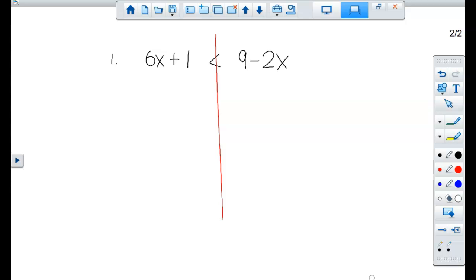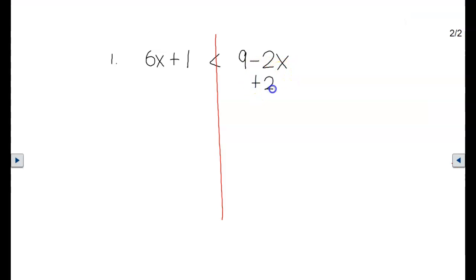The answer is no. Can we combine like terms on the same side? No like terms over here, no like terms over here, so we can't do that one either. So we're up to step 3, cancel the smallest variable. Your variables are 6x and negative 2x. Negative 2 is definitely the smallest, so to cancel that, we'll do the opposite and add 2x to both sides. These will cancel.